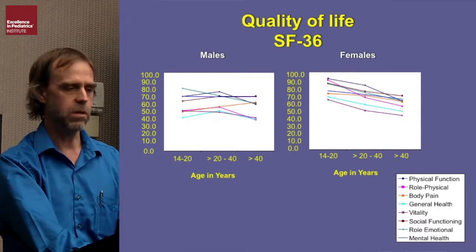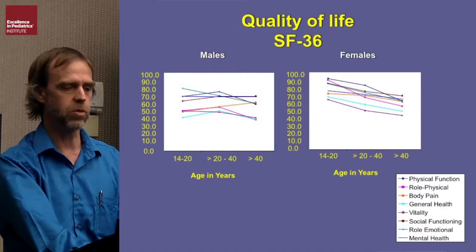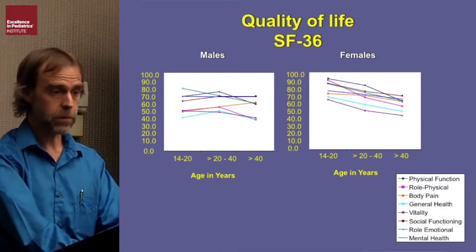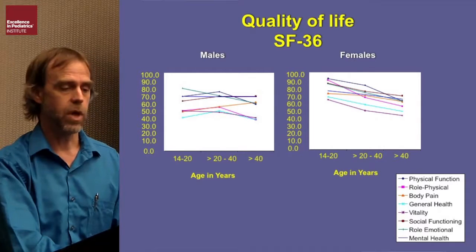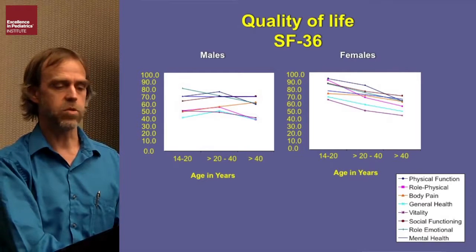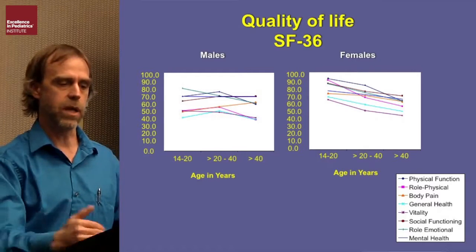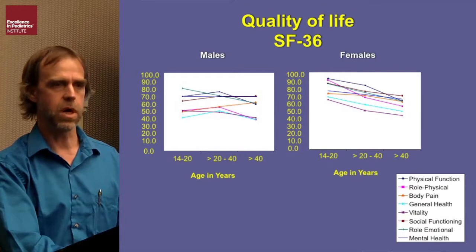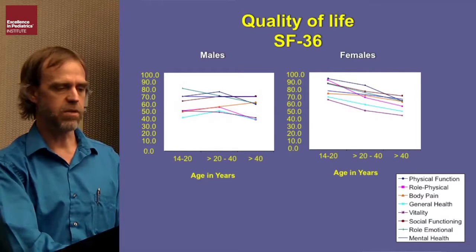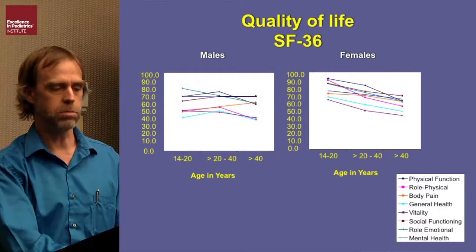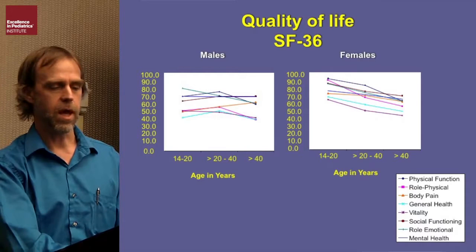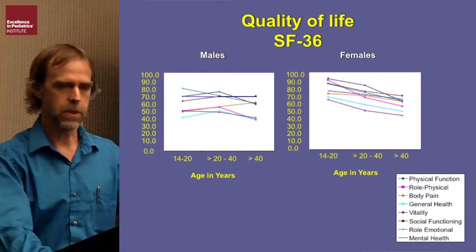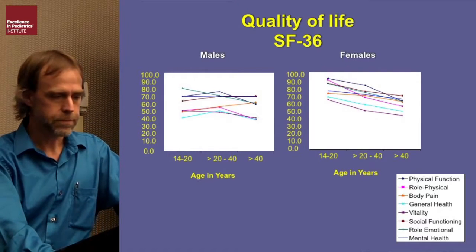And then in the females, you have the typical scores again around 90, and most of the areas in females at age 14 to 20 are in the normal range. However, what you see with females is a decrease over time, such that the scores are normal in the 14 to 20-year-olds and nearly the same as the men in the later adulthood.